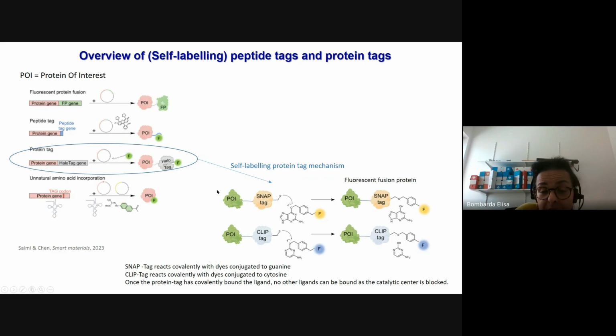So let's focus, for example, on the case of snap. It's quite similar. The snap is an enzyme that has a substrate such as a guanine.